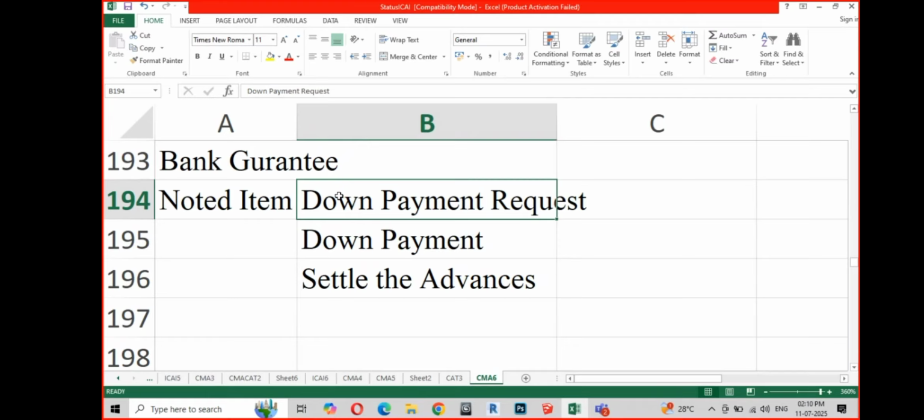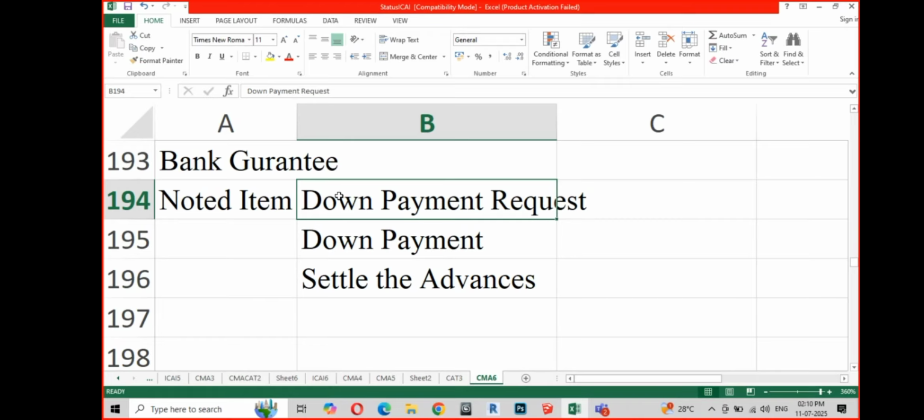My customer is asking me to supply 100 items, but I don't have them in my stock because I'm producing a high demand product. So what I do, he pays me some money so that in the next lot, when I produce, my sale is already booked. Same thing happens with your vendor also.